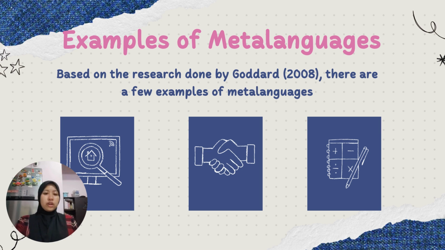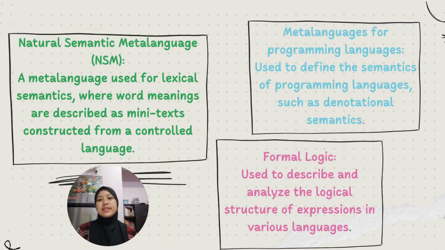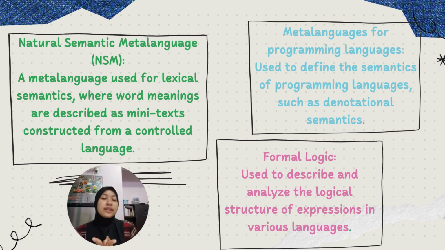Now, we're moving on. What are the examples of meta-language? Based on the research done by Goddard 2008, there are a few examples of meta-language. The first example is Natural Semantic Metalanguage, shortened as NSM, a meta-language used for lexical semantics where word meanings are described as mini-texts constructed from a controlled language.